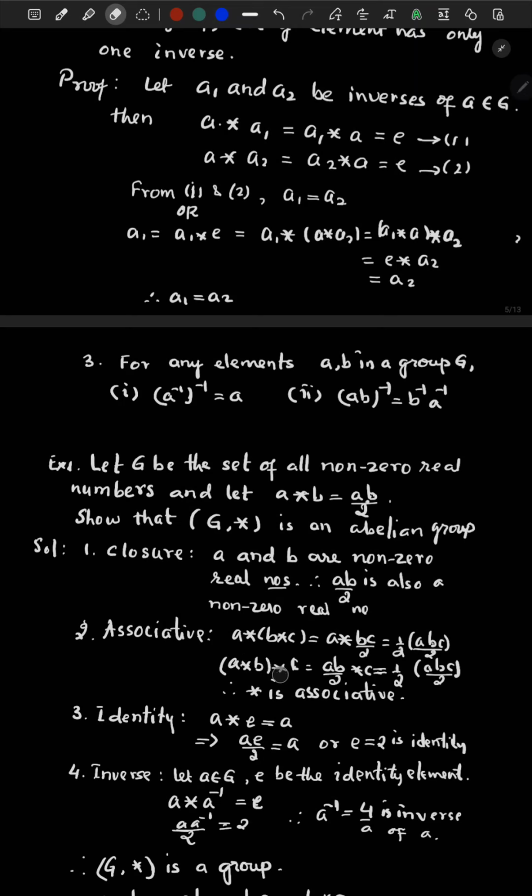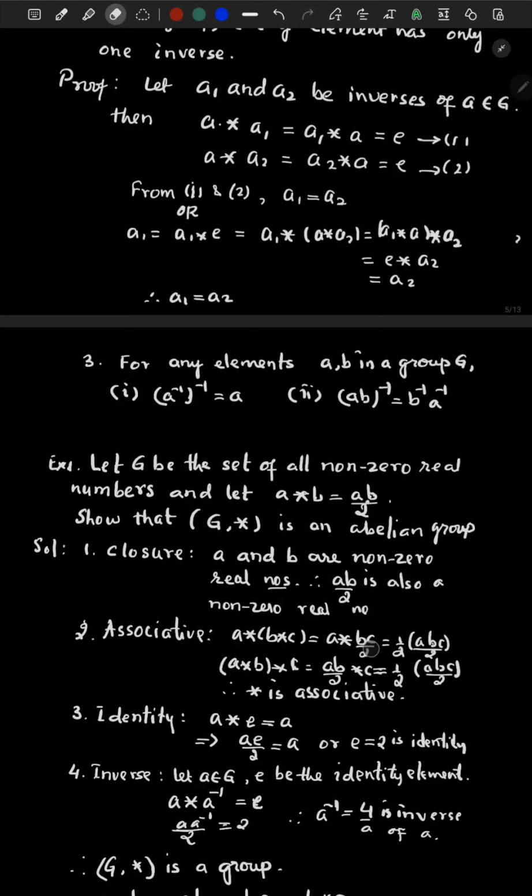Next is the associative property. A star B star C: A star bracket B star C is equal to A star, by definition, BC by 2. So A is one element, BC by 2 is another element. Again we are operating them using star, so this into this divided by 2.